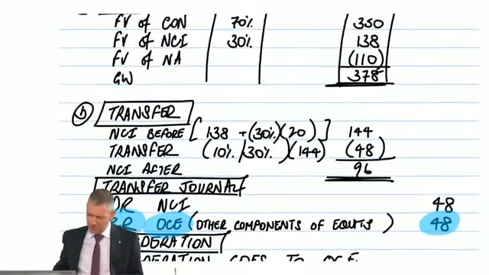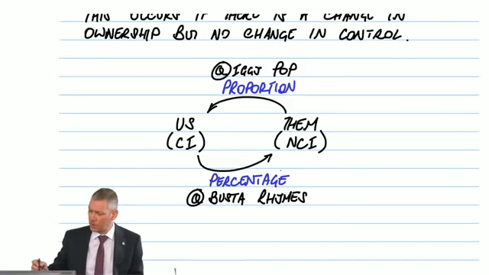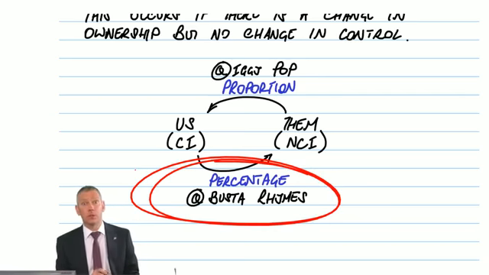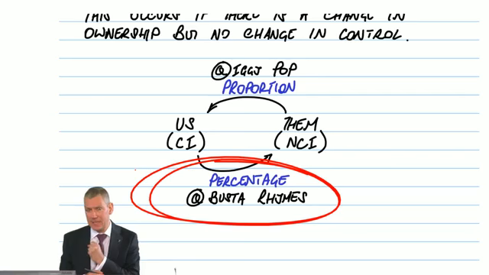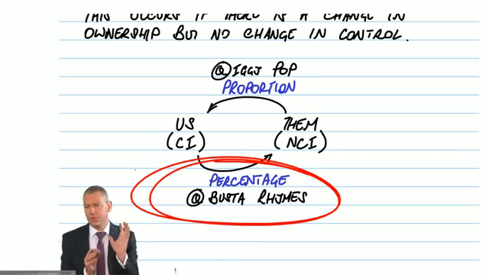And what we're going to do is use a percentage model. Now, the percentage model is in fact easier because all you do with the 15% is copy the 15%. There's no fancy proportion thing going on here.